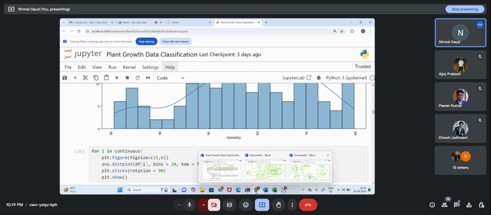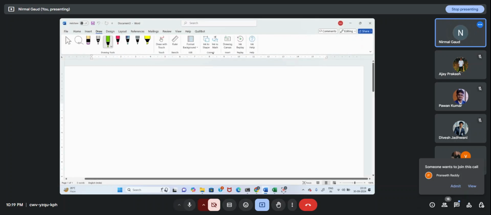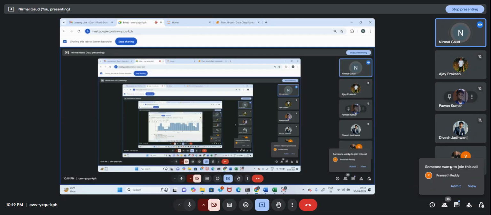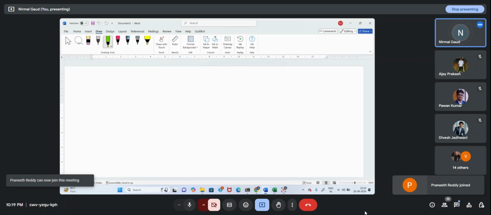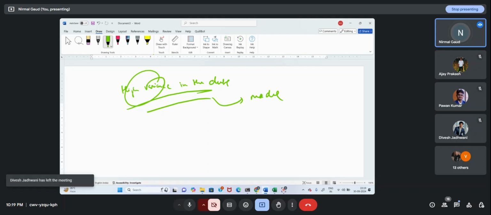Now, it has been told that if you are having a good distribution, if you are having high variance in the data, then features which are having high variance, their contribution in the model development is more.